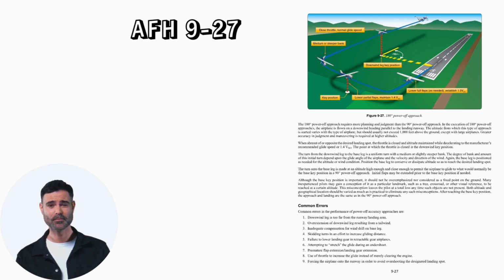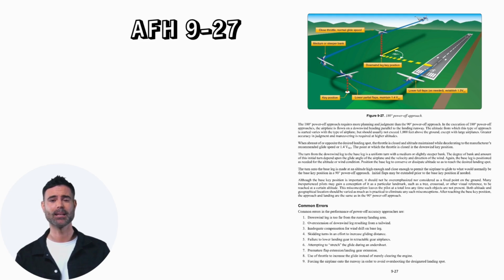Common errors. Common errors in the performance of power-off accuracy approaches are: 1. Downwind leg is too far from the runway landing area. 2. Overextension of downwind leg resulting from a tailwind. 3. Inadequate compensation for wind drift on base leg. 4. Skidding turns in an effort to increase gliding distance. 5.